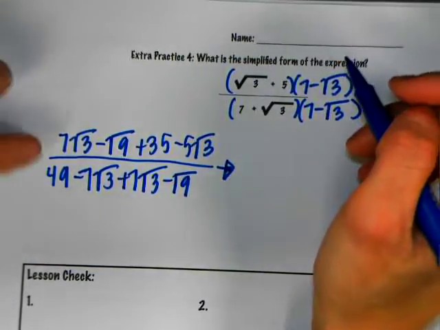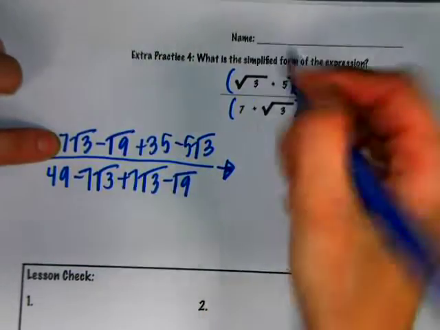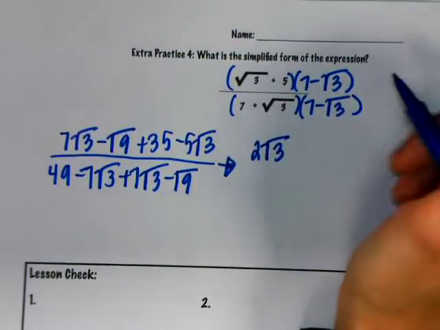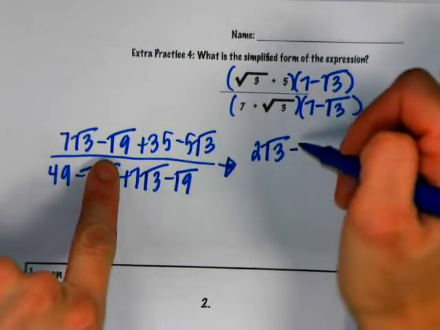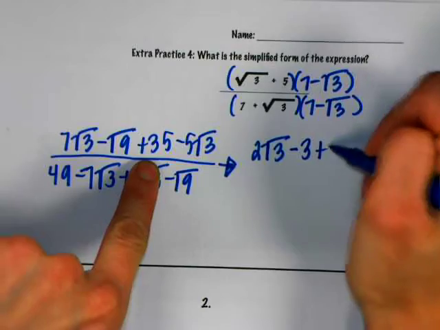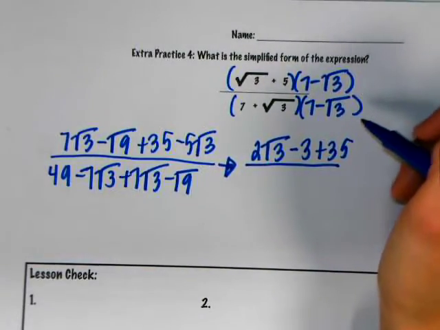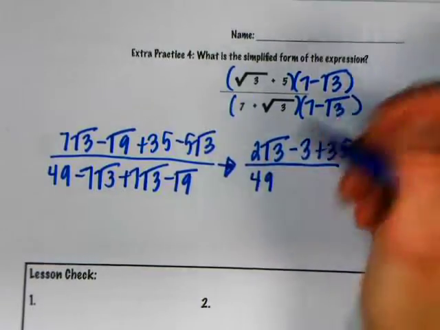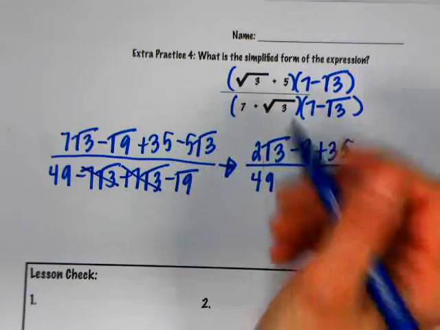All right, here I have like terms on the top. 7 radical 3 minus 5 radical 3 is 2 radical 3. And then I have minus radical 9, which is 3, and plus 35 still. On the bottom, 49, negative 7 and positive 7 will cancel like they're supposed to.